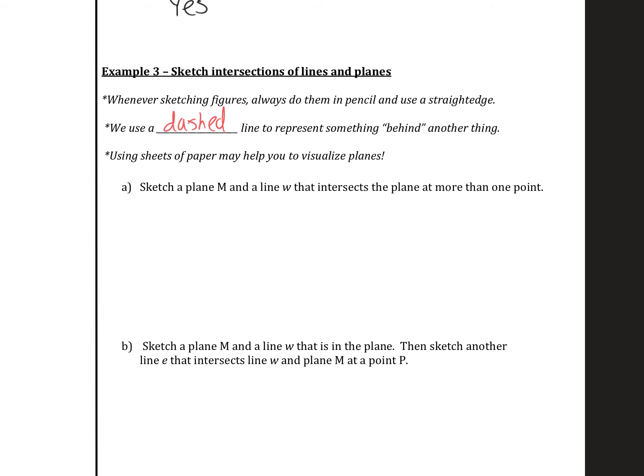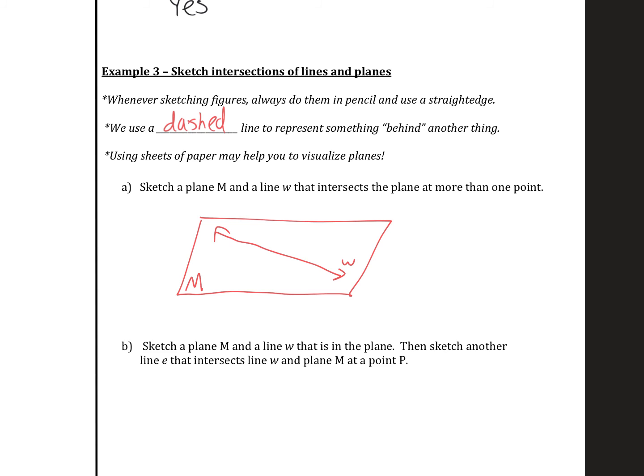In this case, I'm gonna sketch a rough plane here. If it's plane M, we're gonna just label it in the corner here. For that to happen, the line has to be in the plane like this. So this is going to be line W. It's basically on the piece of paper, and it's going to cross at more than one point. If the line is angled in any direction, let me use a different color here.